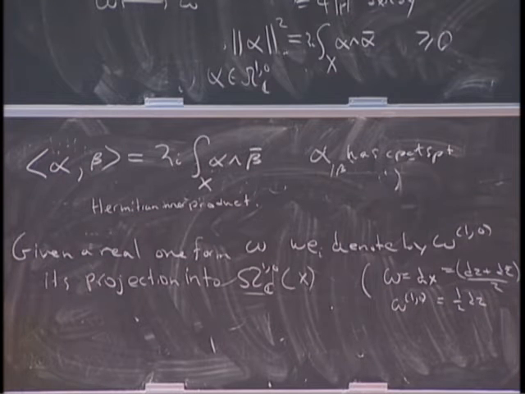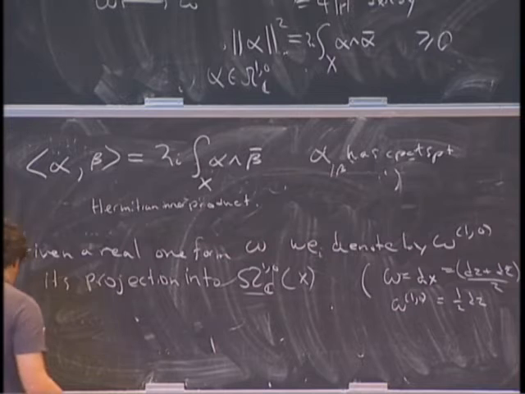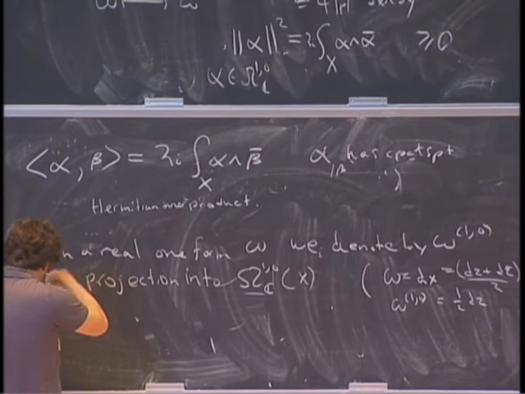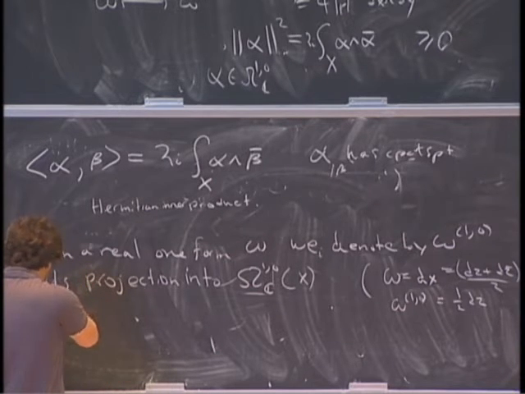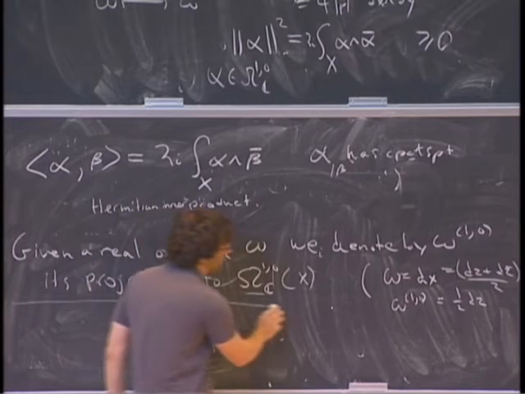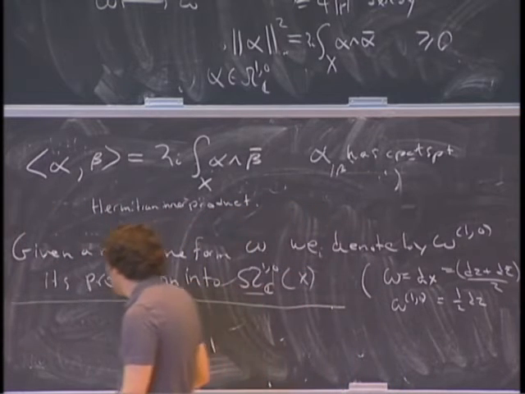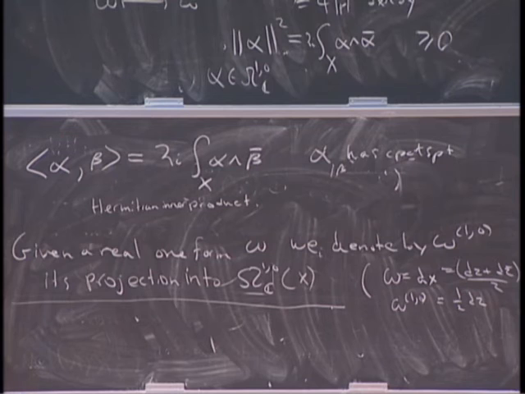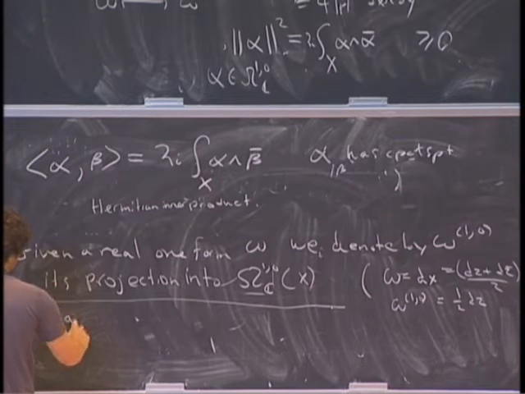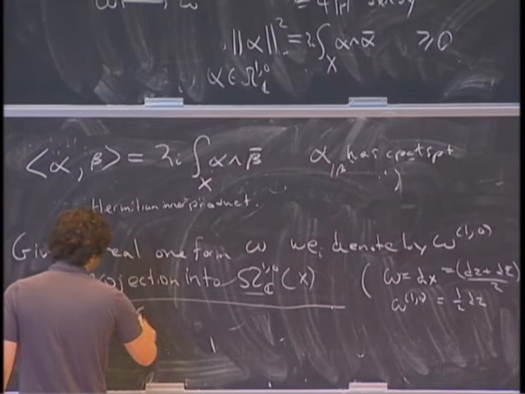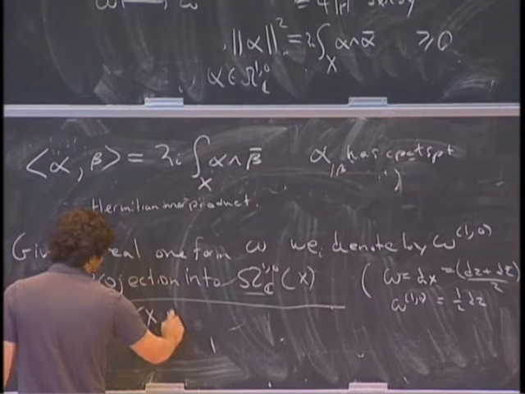Then we can again define the analogous thing. The point is that this gives us a useful semi-norm on smooth real-valued functions. Suppose f and g are C-infinity functions of x with values in the real numbers.